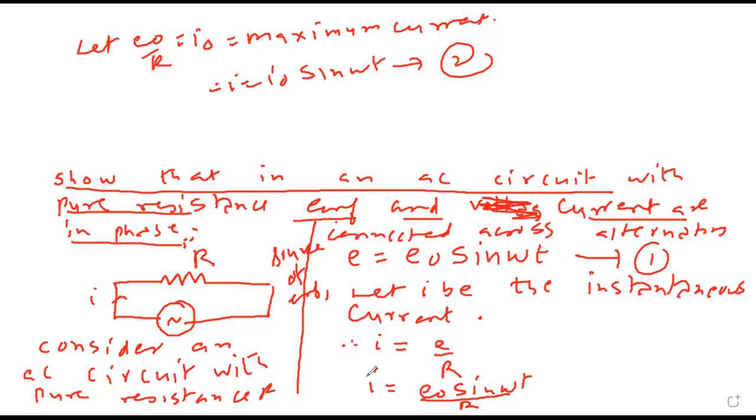From 1 and 2, we can say that EMF and current in an AC circuit with pure resistance are in phase with each other.